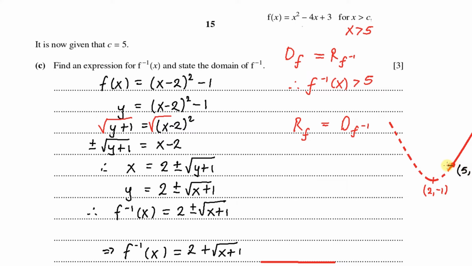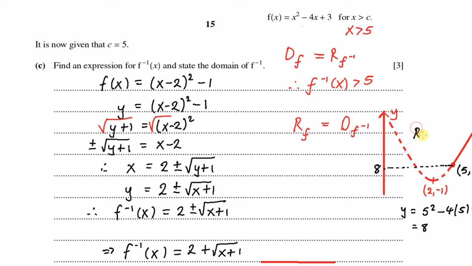And when x is equal to 5, what is the y value if we are going to look for it to get the domain? To get the y value here, we only have to substitute 5 into the original equation. So when we have f of x is equal to x squared minus 4x plus 3, the y value is 5 squared minus 4 times 5 plus 3, that's 25 minus 20 plus 3, so we get 8, which means 8 is the minimum y value.